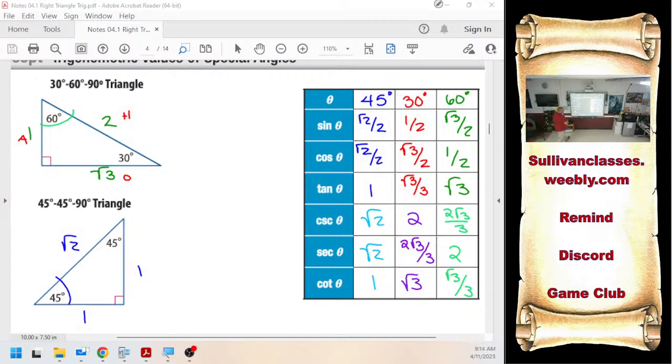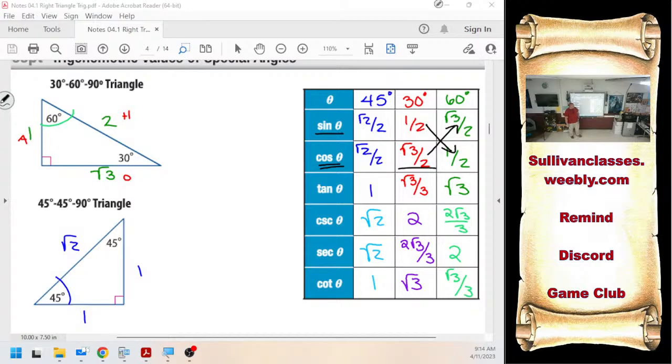So since 30 and 60 are complements, since they happen to add up to 90, that means the sine of 30 is the cosine of 60. The cosine of 30 is the sine of 60.